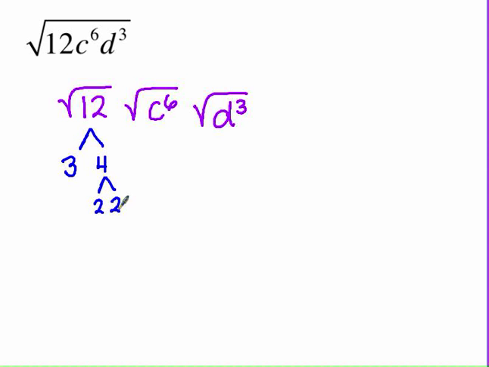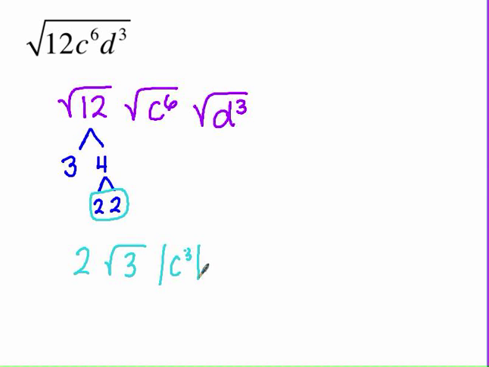So what am I looking for? Pairs. I see a pair of 2's, so that's going to go out. Anything else going to go inside? 3, the root 3. Now I have to think about this. What is the square root of c to the 6th? C cubed. I have an even, odd. So what do I know about the c cubed? Absolute value. Okay, now I have the square root of d cubed.